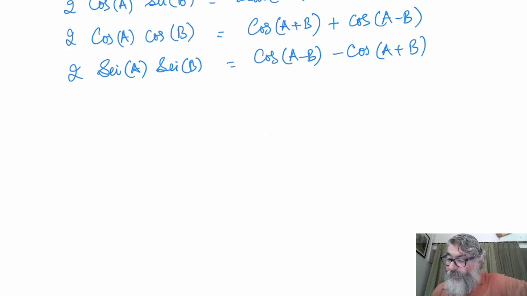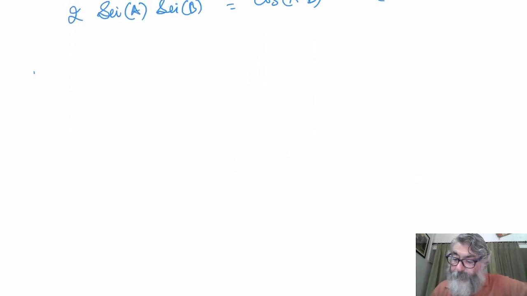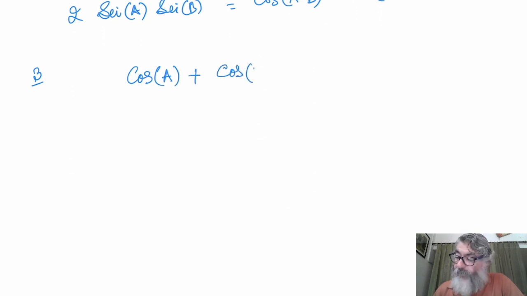Now let us see the next sum, the third one. Here you have to prove that cos A plus cos (120 minus A) plus cos (120 plus A) is equal to 0.